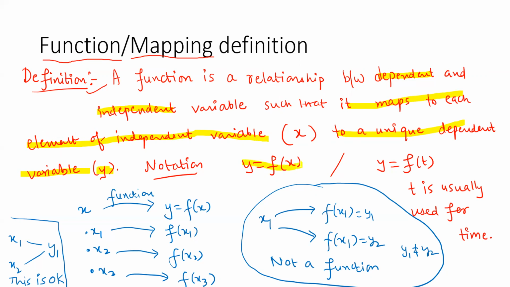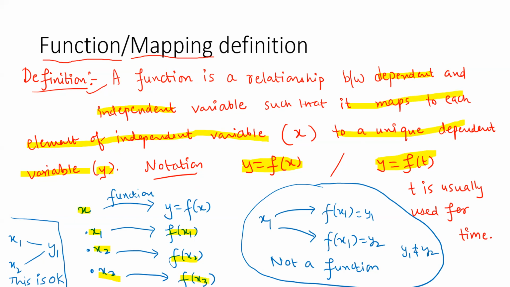So this is how we denote a function. y is equal to f(x), and sometimes y is equal to f(t), where t usually stands for time. So if these are the values taken up by the independent variable, x1, x2, x3, and these are the values taken by the corresponding function at x1, at x2, and x3.